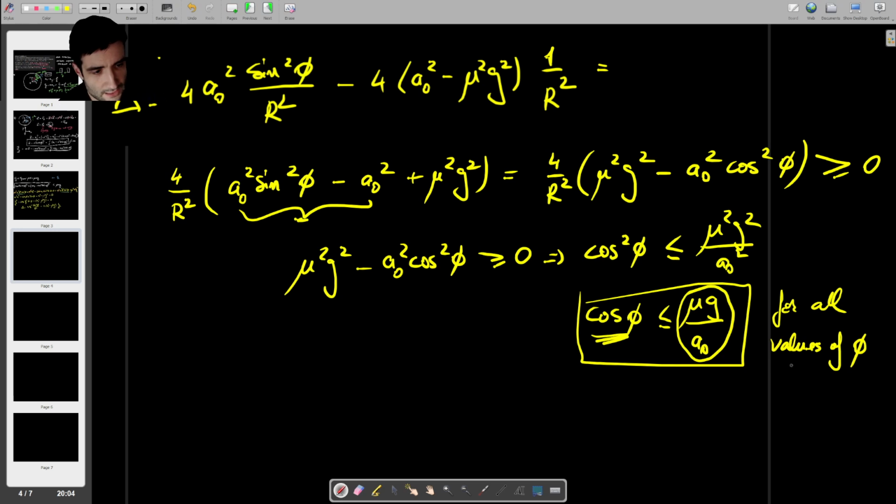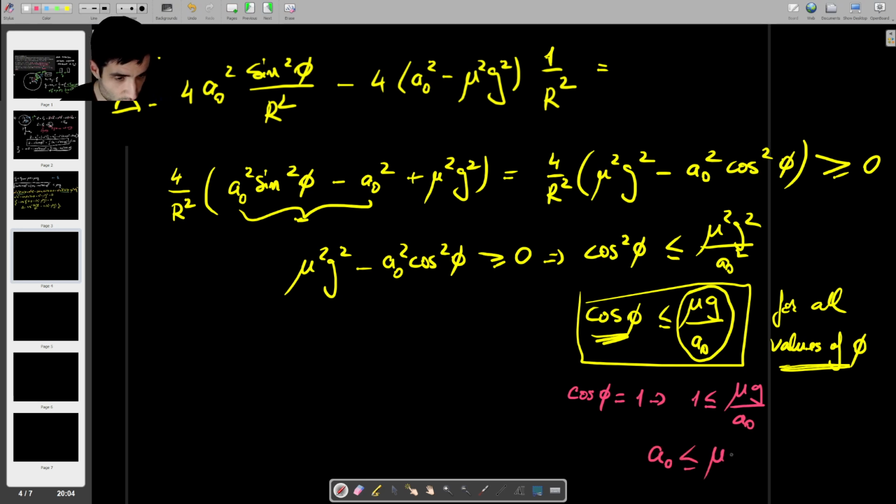So if this has to work for all values of phi, it should work for the maximum value of cosine of phi. If cosine of phi is 1, which is the highest value, it means that 1 must be less than or equal to mu g over a0, which means that a0, which is the acceleration of the wagon, has to be less than or equal to mu g.